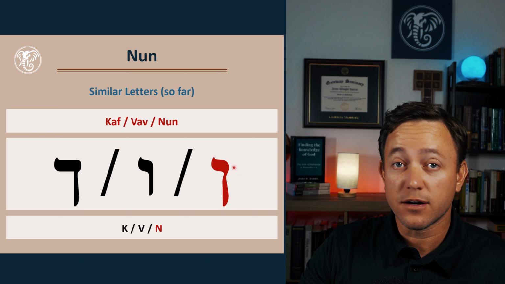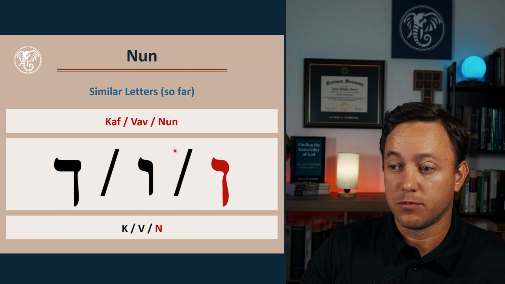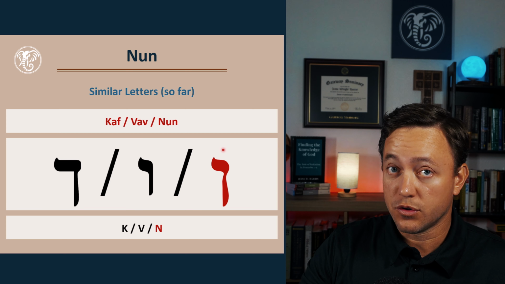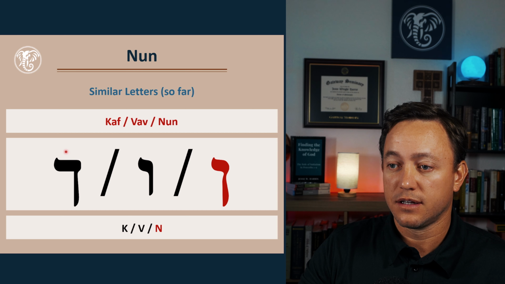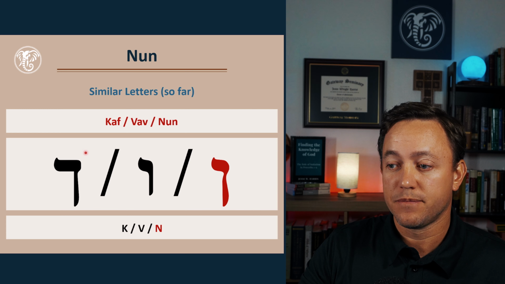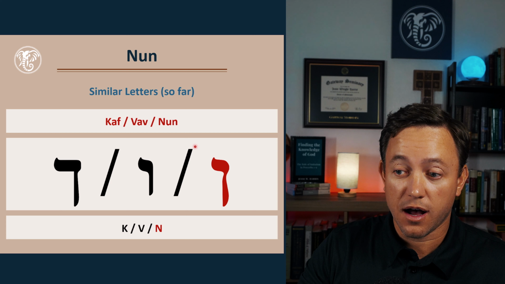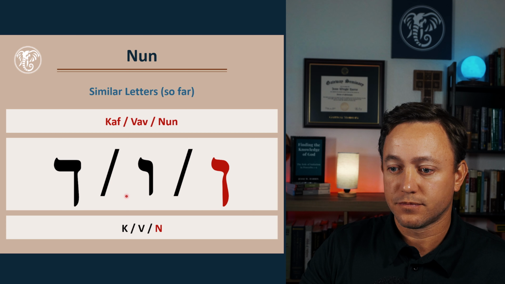All right, well, how about our final form of the noon? In our final form, as you see here, this can be very easily mixed up with these other letters. So we have here the final form of the noon, the vav, and the final kaf. And you could perhaps add in here the dalet as well, but what's unique about the final kaf and the final noon is that they both go beneath our space.